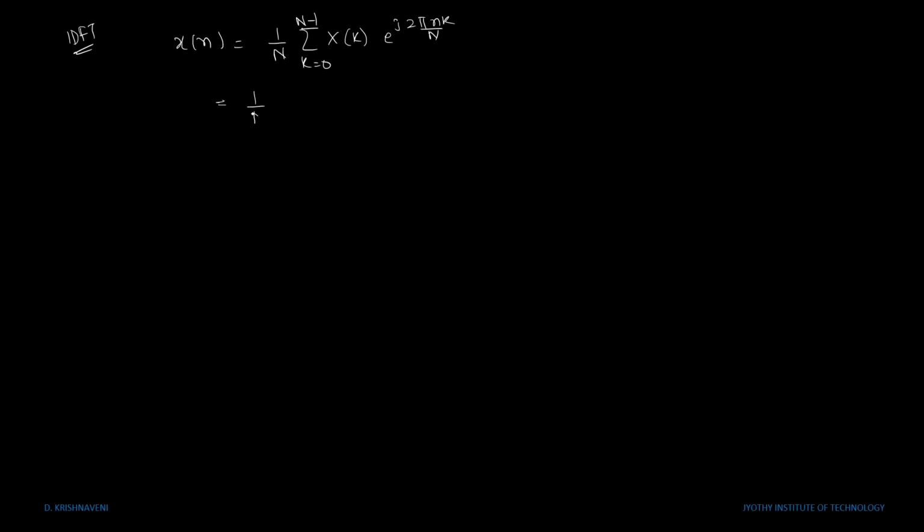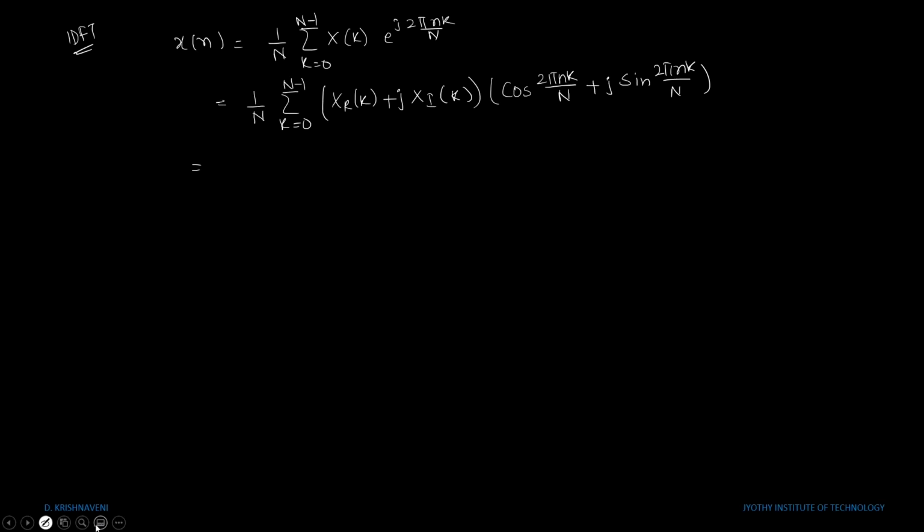So this can be written as 1 by n summation k equal to 0 to n minus 1, x of k can be written as xr of k plus j xi of k. e to the power of j theta will be cos theta plus j sin theta. Now once again we will multiply and separate out the real and imaginary parts.